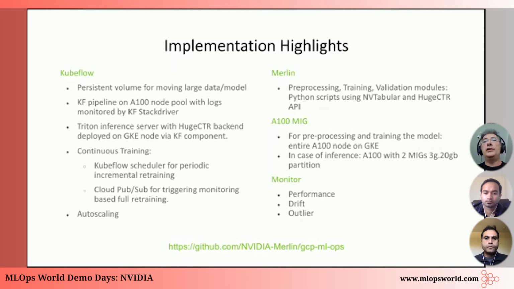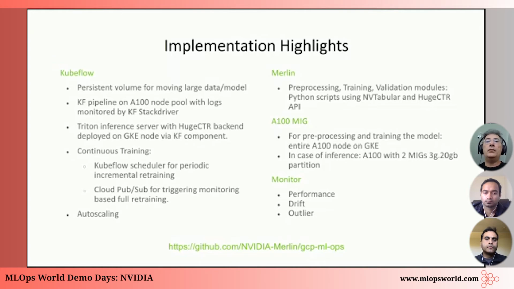Again, this is not the focus of this demo session, but the source will also explain how to use Merlin, the recommender system. A100 MIG is a single slice of the GPU when you split the GPU.